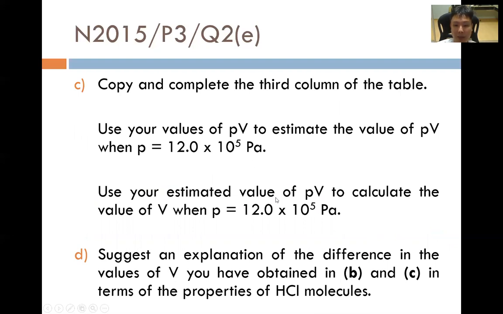The next part: use your estimated value of PV to calculate the value of V when P is equal to this.